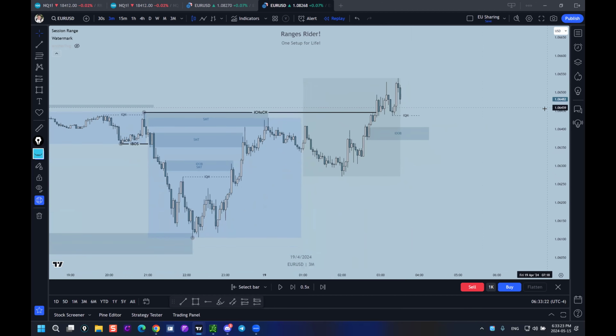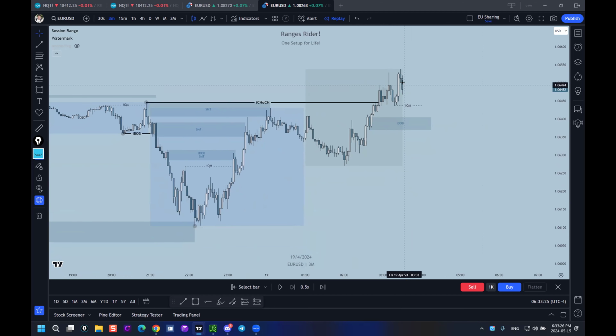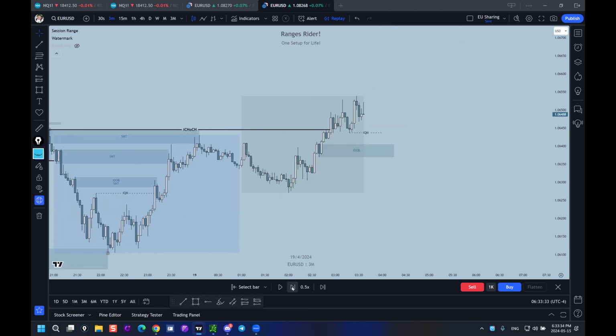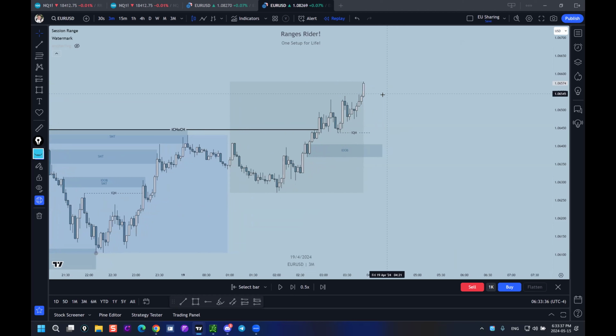And our high is not confirmed yet. Let's go. Now is this one, right? If that one, then maybe this one. Then only these two you can use as an order block.